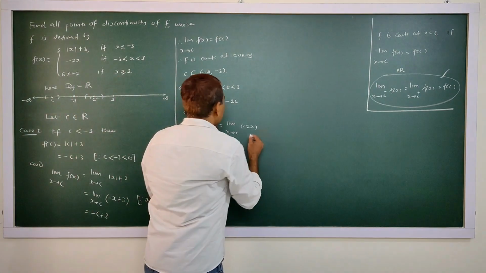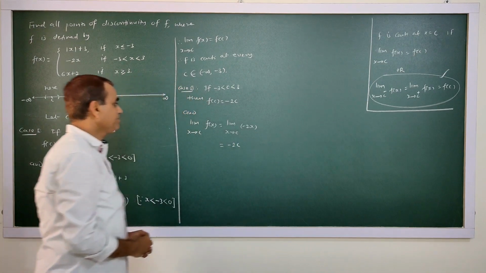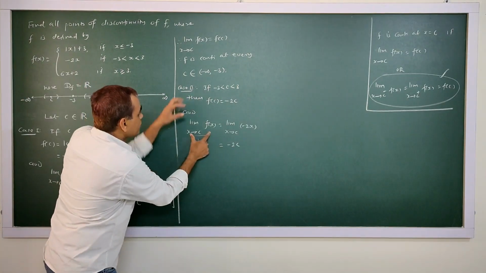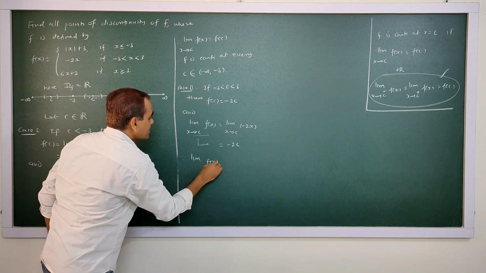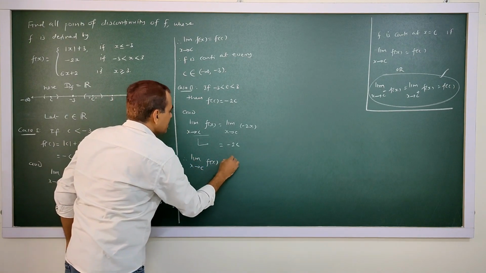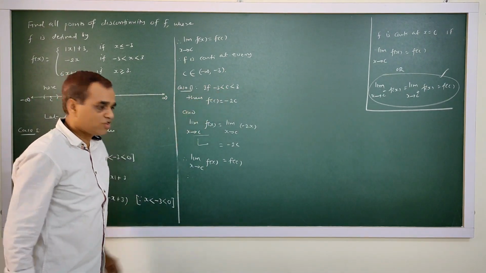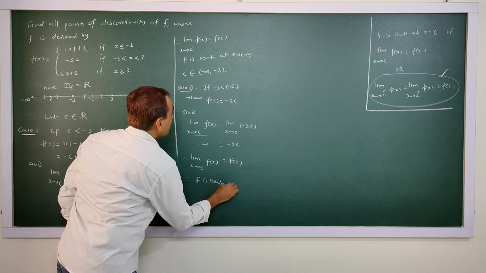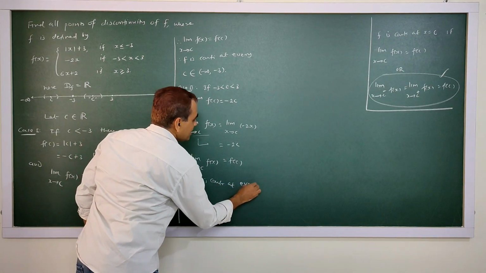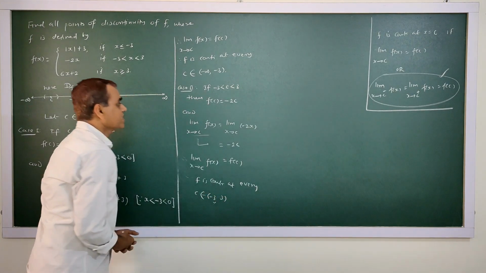So putting c here, it is minus 2c. So these two values are equal. Therefore, limit of f(x), x tends to c, is f of c for all c between minus 3 and 3. Therefore, the function is continuous at every c belonging to the open interval minus 3 to 3.